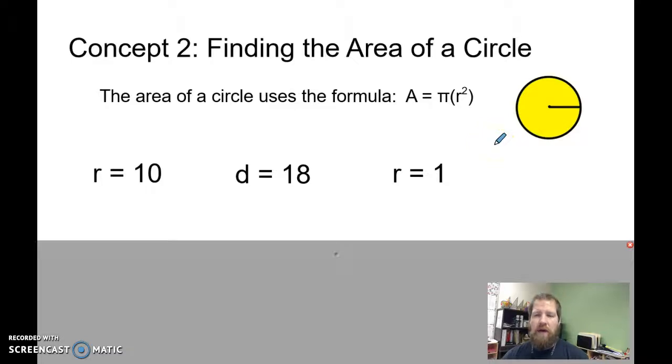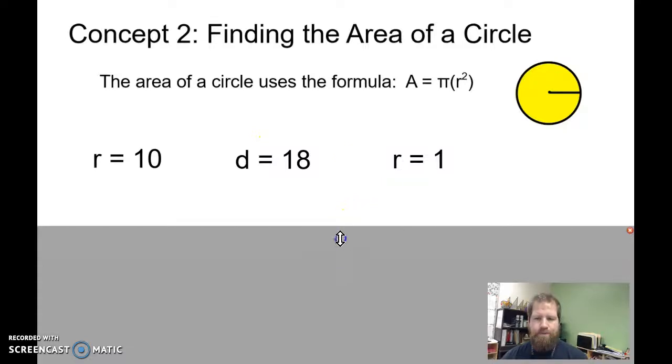Generally, like with the area of a rectangle or a square, I'm multiplying one side by another side. With the area of a circle, it's a little less clear that that's going on, but that's what this square is doing. Me squaring my radius is having that same effect.